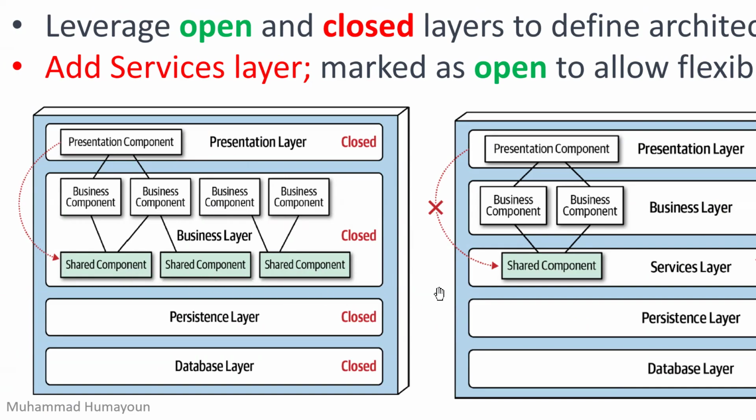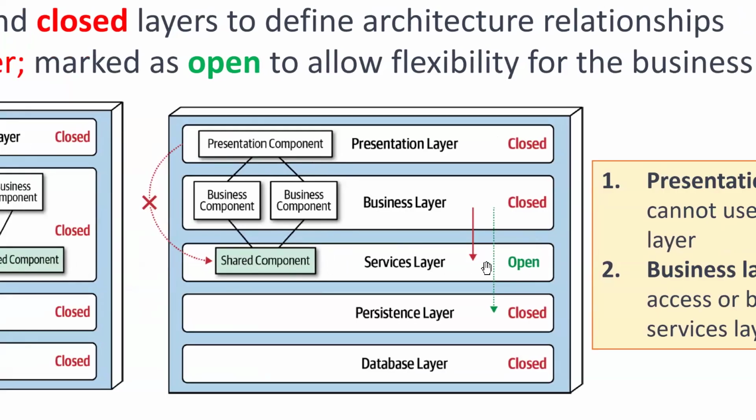So how did we do that? Because the presentation layer can access anything you have in the business layer, we added an additional layer and made it open. Now the presentation layer can access the business layer, but cannot access the service layer. All the shared components are here.